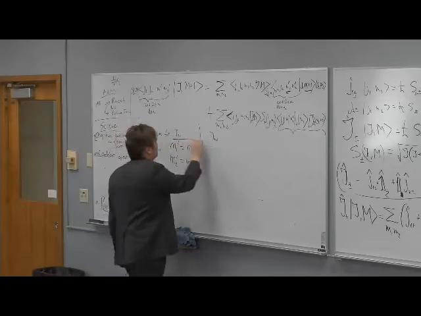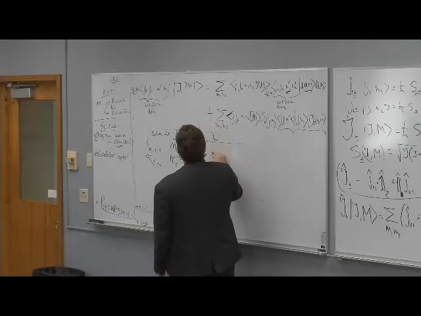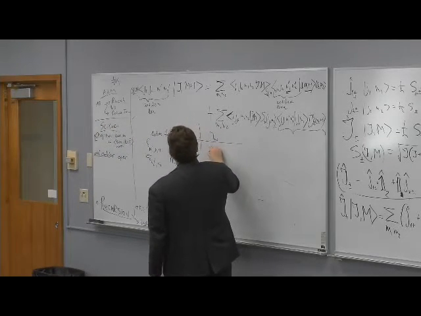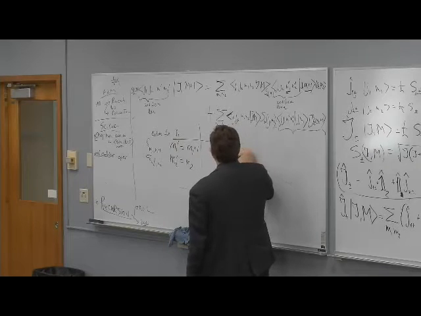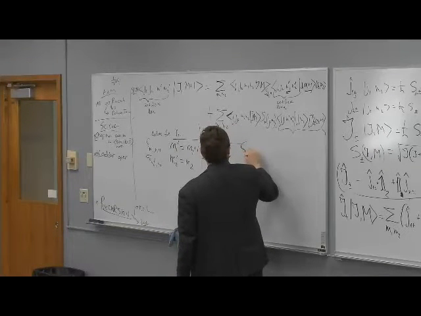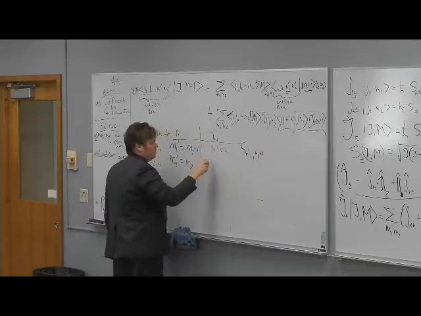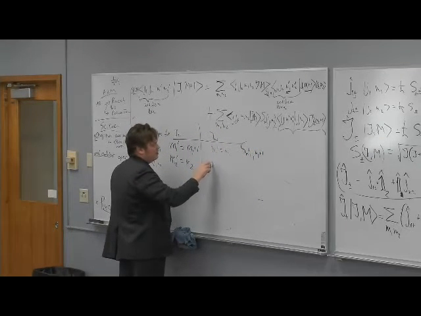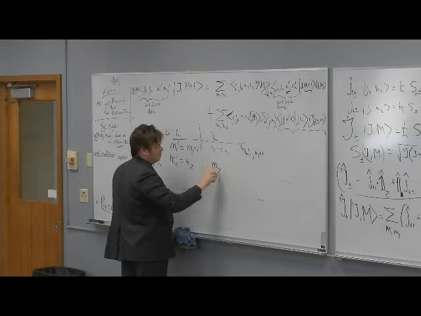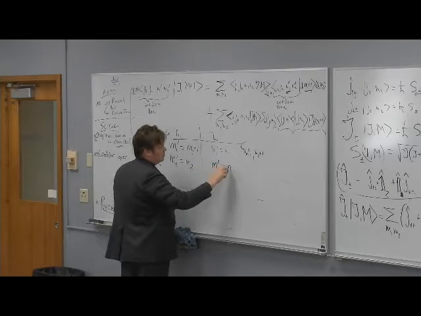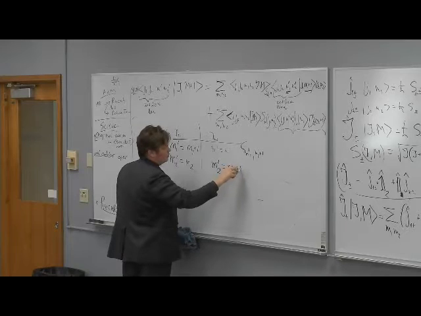For the second term, it will be opposite. M1 prime equals M1, trivial situation, delta M1 prime, M1. And for the magnetic projection of the second system, M2 prime equals M2 plus 1.